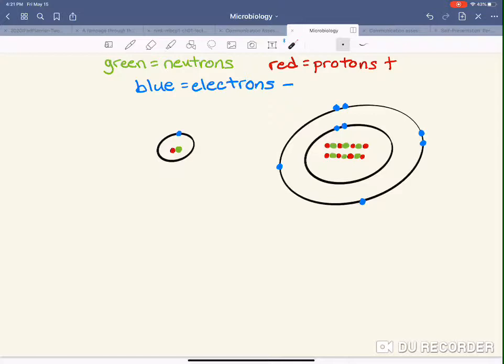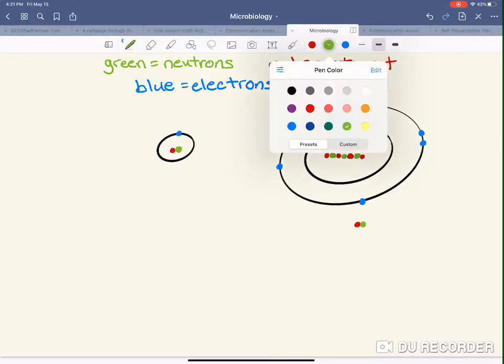So then we have a proton and a neutron for the nucleus of another hydrogen atom, right?